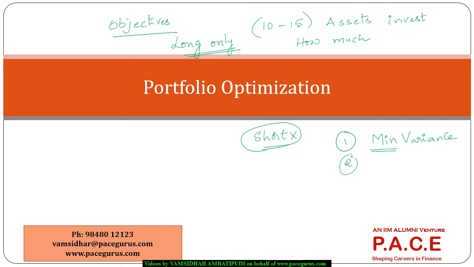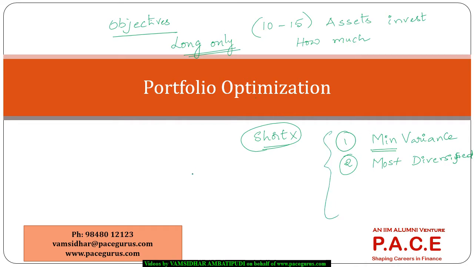Or in some cases, I want my portfolio to be most diversified. To whatever extent possible, I want to diversify across the various asset classes or across the various investment categories that I have. Now, this is where I want to choose my objective.